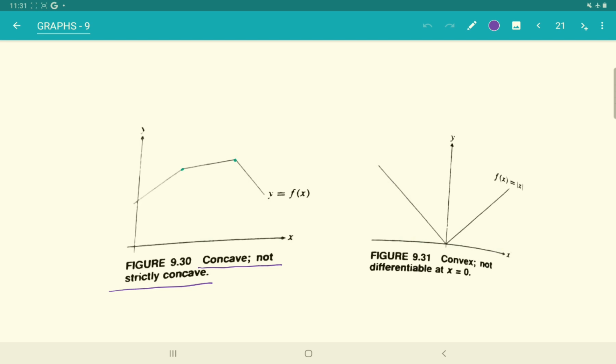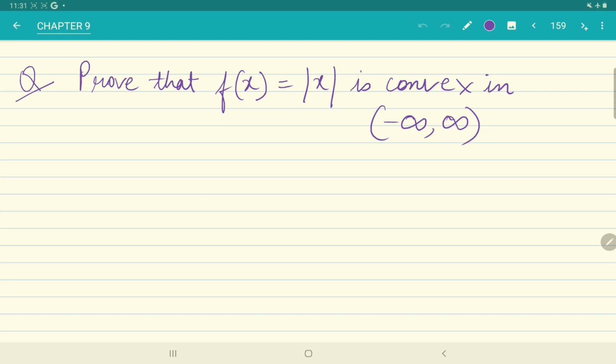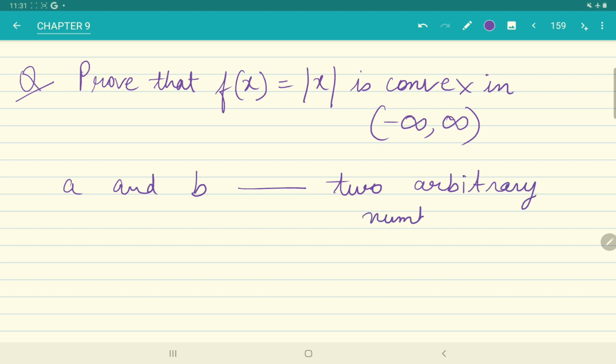Again, the way we proceed here is that, let us say we have two arbitrary numbers a and b, and again let's take lambda belonging to 0 to 1. We have to basically show that this is the case.